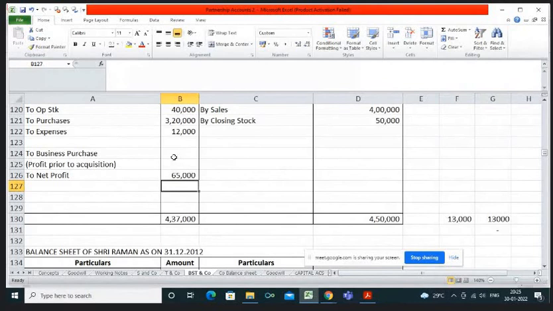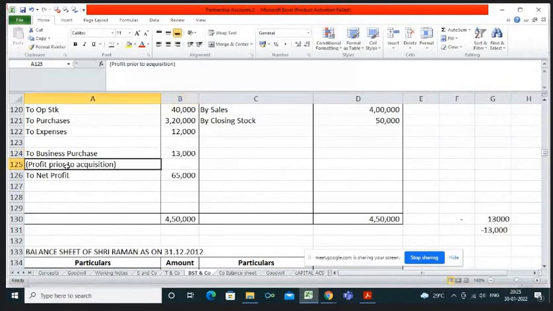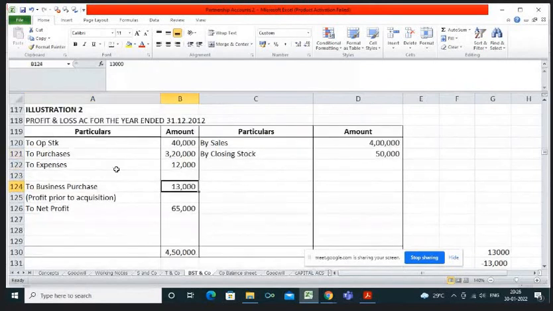Then what to do with the other 13,000? It's a capital profit, because this is the profit prior to the acquisition. So we will transfer this 13,000 to the business purchase account. So our profit and loss account is done.